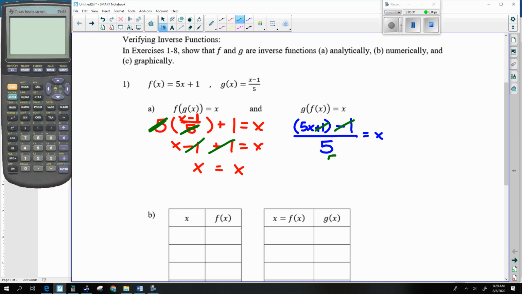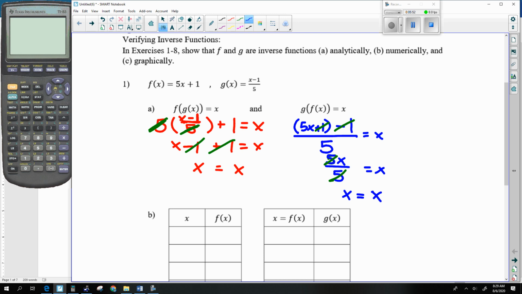So this is 5x divided by 5. The 5 eliminates the 5, simplifies the 1. And indeed, yes, x is equal to x. So we just showed analytically that they are inverses.